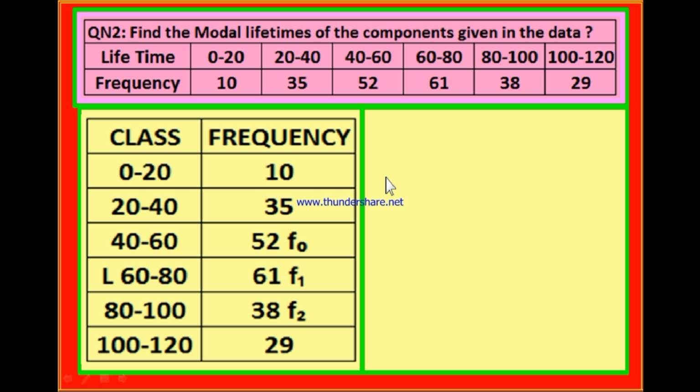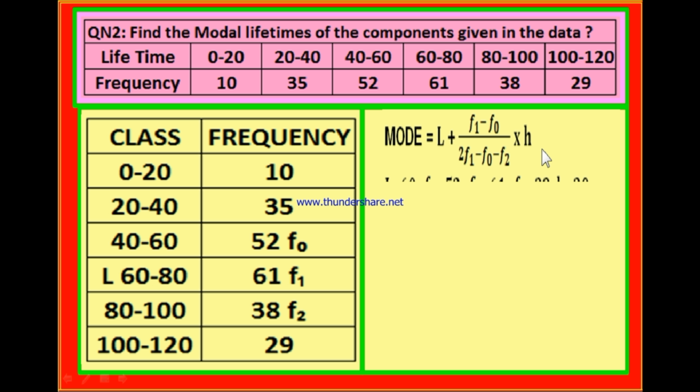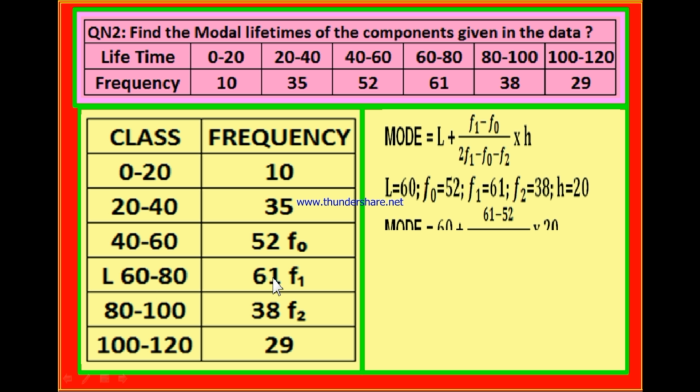Now let us write the formula to find mode. Formula to find mode is equal to L plus (F1 minus F0) by (2F1 minus F0 minus F2) into H. Here L value is equal to 60, F0 is equal to 52, F1 is equal to 61, F2 is equal to 38, and H, height of the class, is equal to 20.